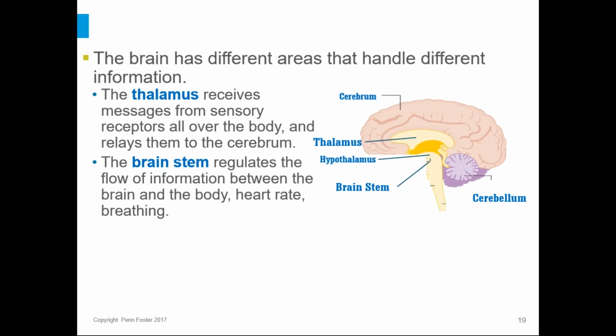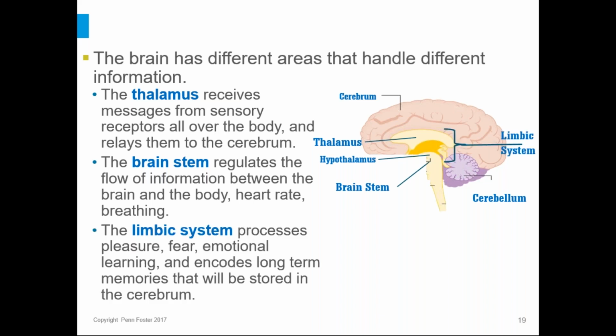We have the brainstem that regulates the flow of information between the brain and the body and controls the important involuntary functions, things like keeping your heart rate steady and breathing. And lastly, we have the limbic system, and that's an area that processes fear and pleasure and emotional learning, and it also encodes long-term memories that will be stored in the cerebrum.